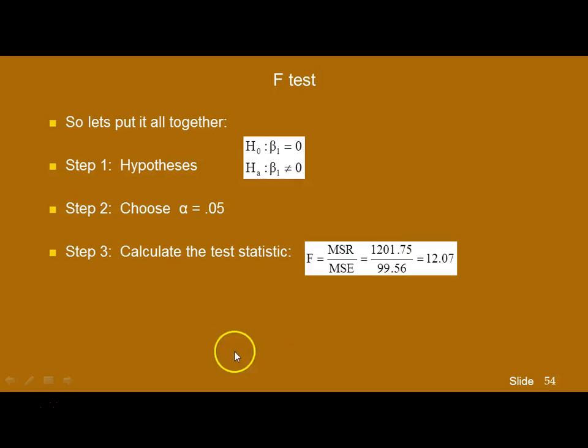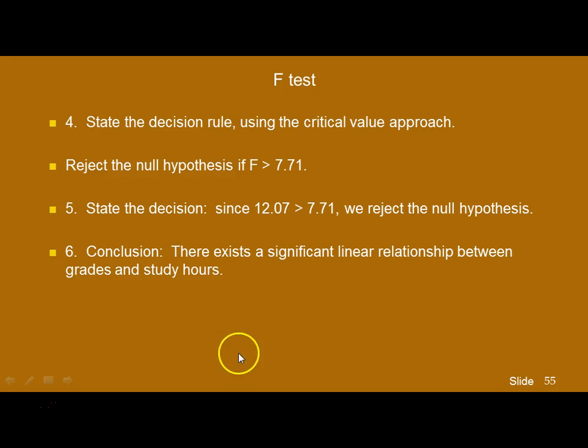So let's put it all together into our hypothesis test. Our hypotheses, which we've already stated, is beta 1 equal to 0 or not. We'll use the standard 0.05 level of significance. We've already calculated our F statistic to be 12.07. We're only going to use the critical value approach here because of our limited alpha levels and the F table.